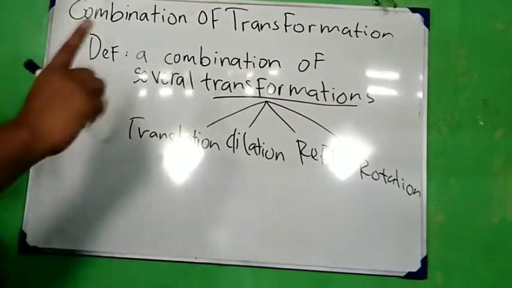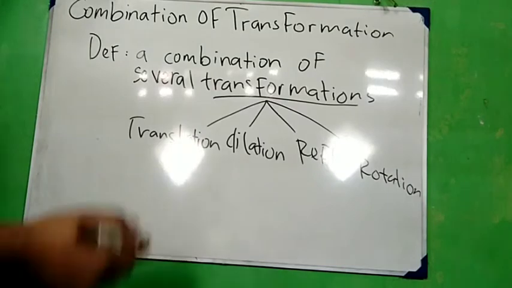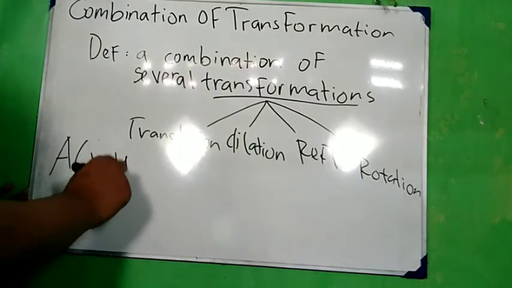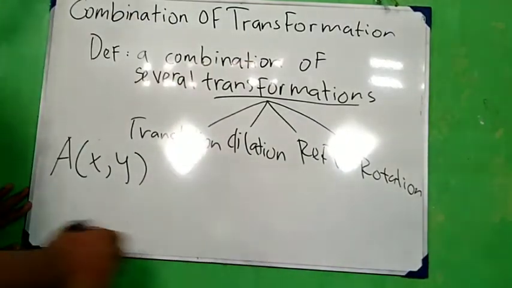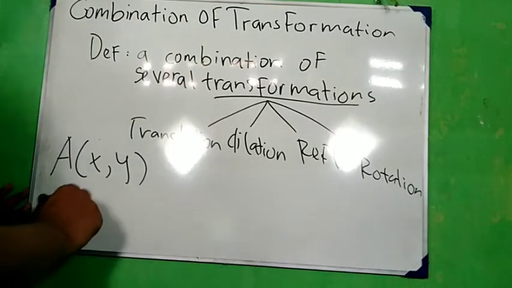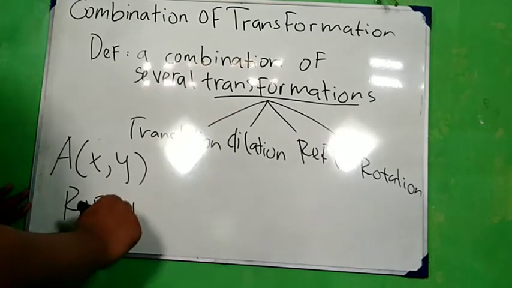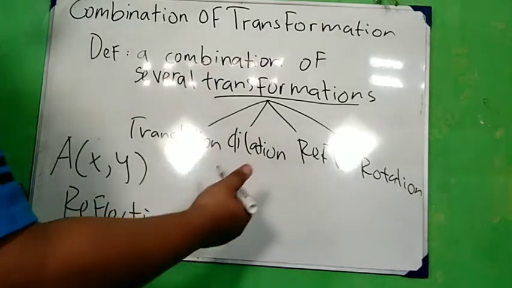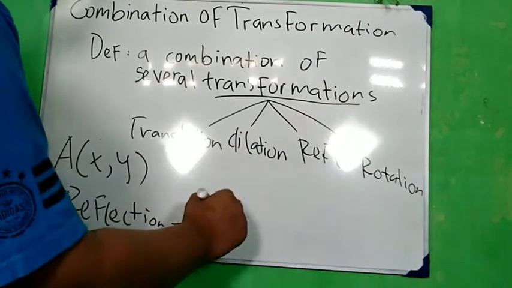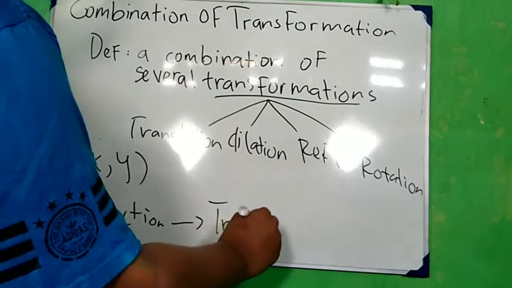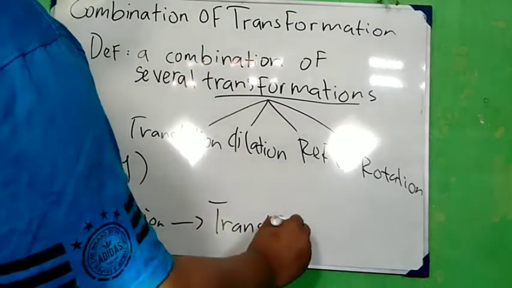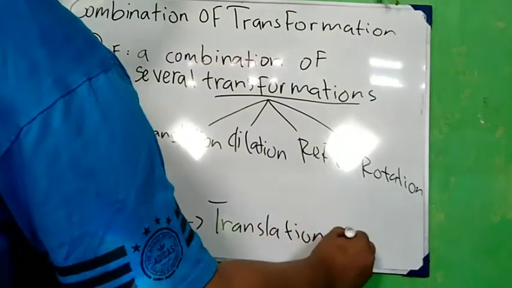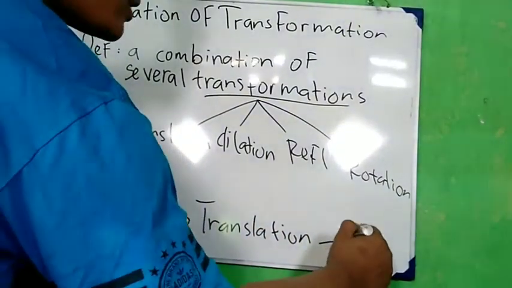So, in a problem or in a question, for example, a point A, x, y, is reflected, so it is reflection, and then it got translated or translation, and then it is rotated or rotation.